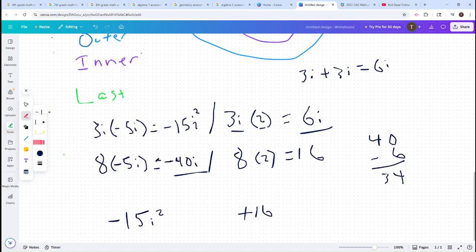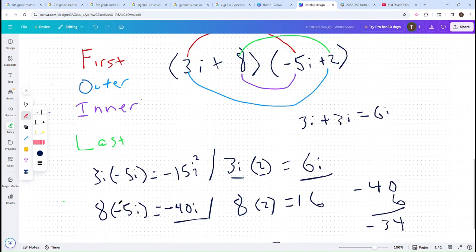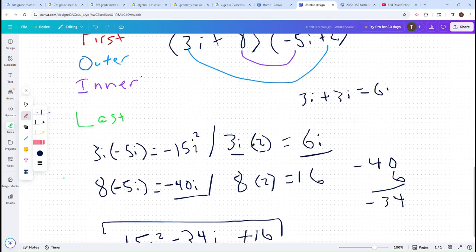If you put the negative sign on the 40, then it's not 34, it's negative 34. So we'll subtract 34i. This is what you get when you multiply 3i plus 8 times negative 5i plus 2.